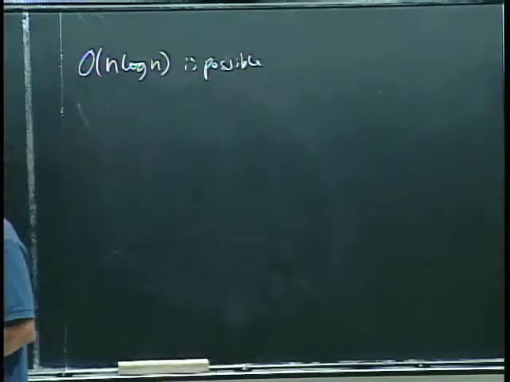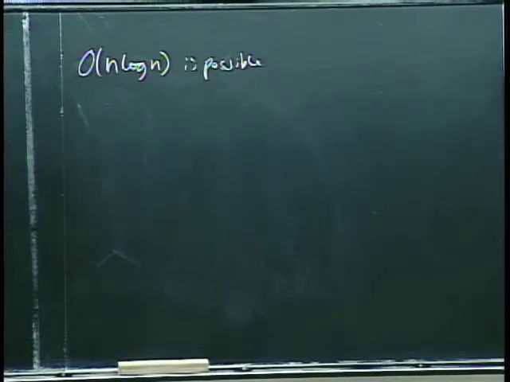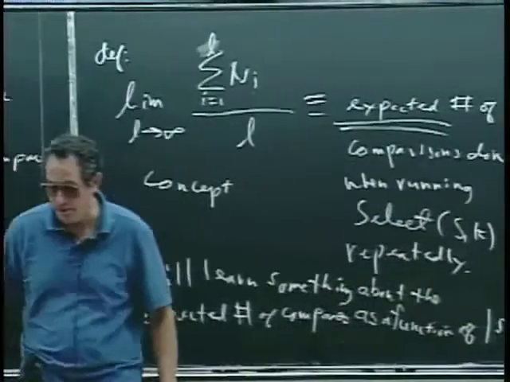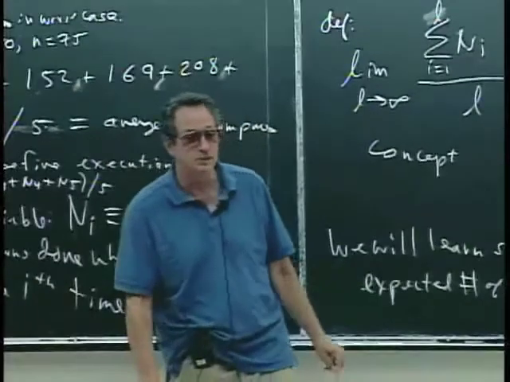And if it's worst case, what's its expected number of comparisons going to be? If that's the worst case number of comparisons done, what's the expected number of comparisons done in merge sort? Or I'll put it the other way, what can you say about the expected number?